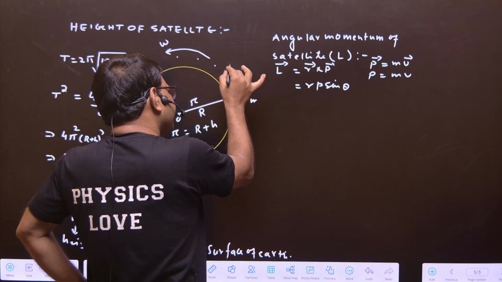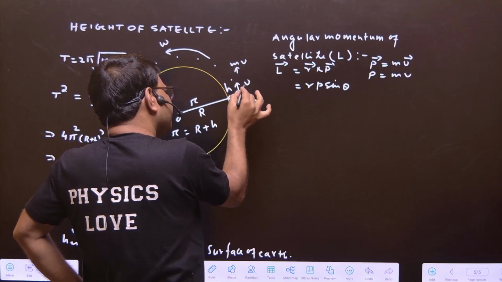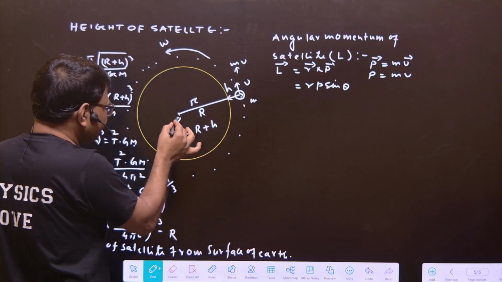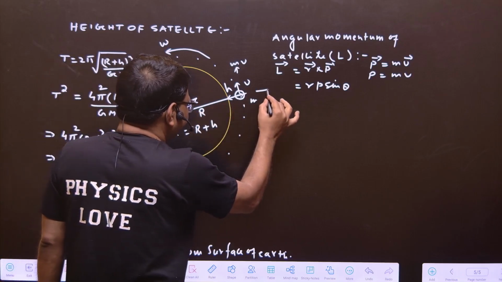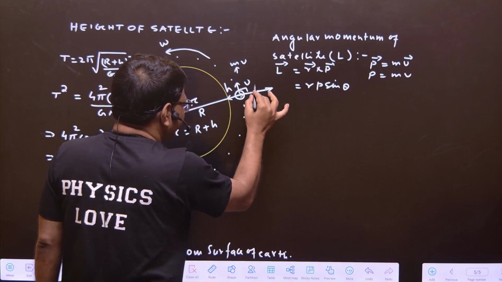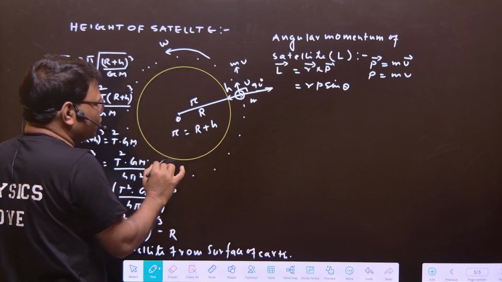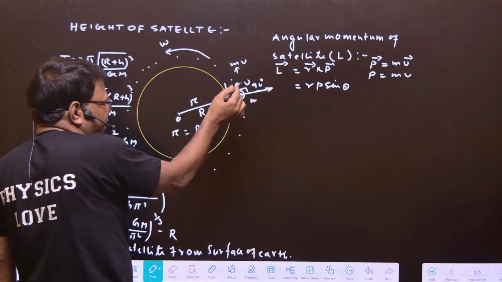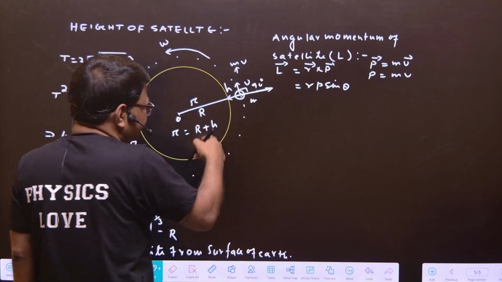So in this direction is the direction of the momentum, along the direction of the velocity v, and r is with respect to the center of the Earth, the direction of r like this. So what is the angle between these? 90 degree. We are taking the angular momentum about O, meaning this is the direction of r and this is the direction of mv. The angle between mv and the r direction is 90 degree.